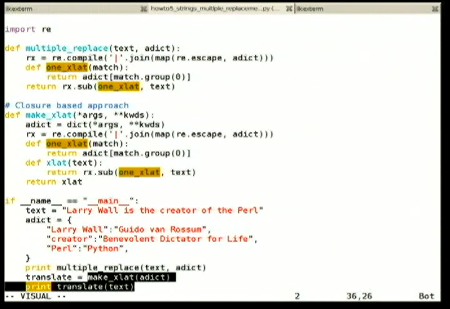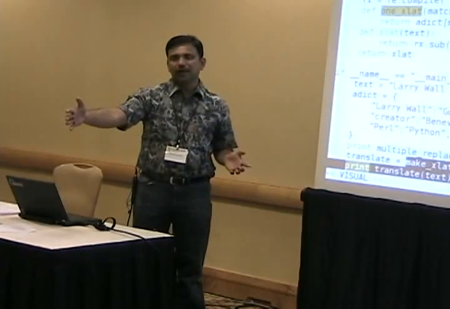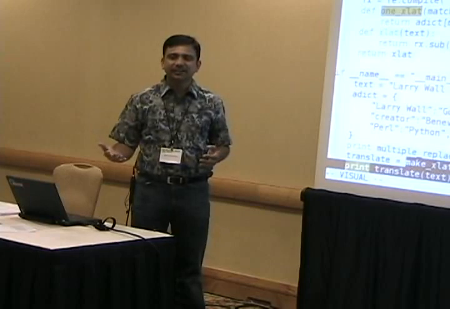Is there any benefit in using any one approach, or are they just multiple ways? Oh, this one is simpler. The first one is simpler. And from an execution point of view, is the closure approach faster, or just multiple ways of doing the same thing? The closure approach is used when you know that you want to pre-compute a set of values upfront, and then go ahead with different kinds of text.